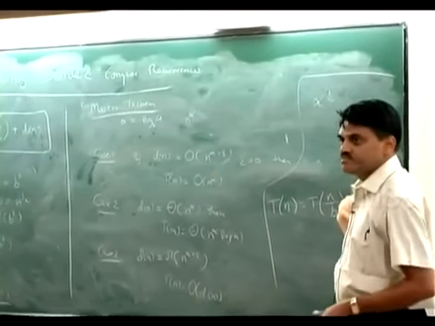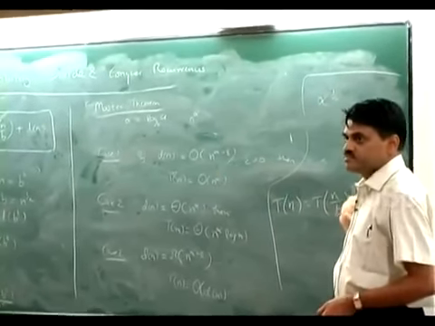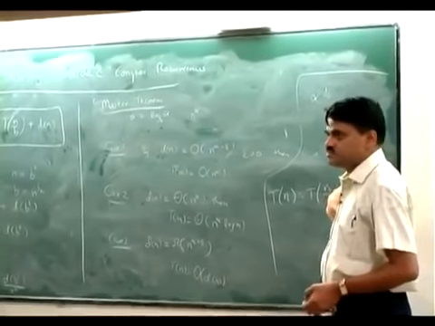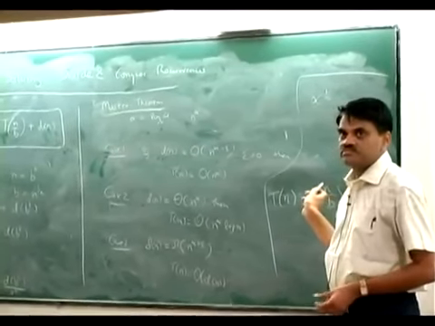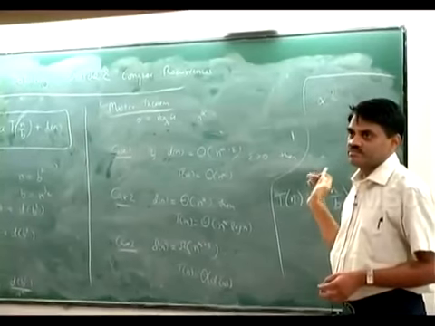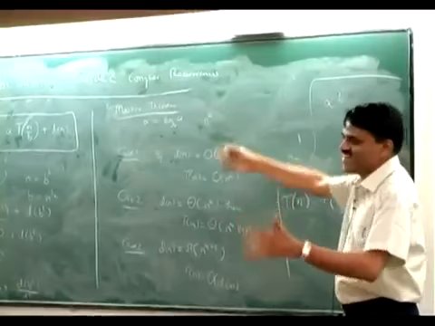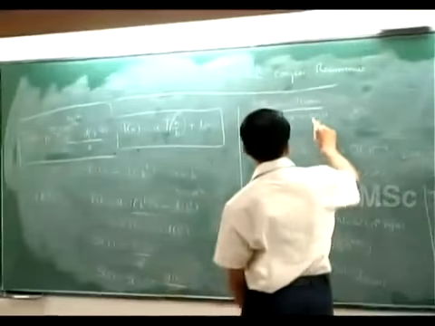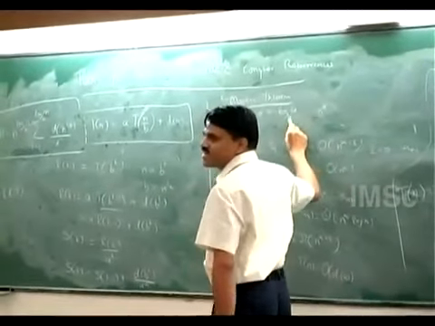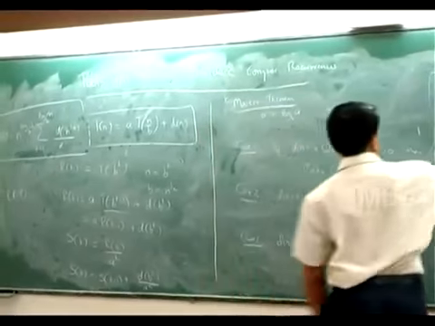What is it? Yes, 0. a is 1, right? So log a to the base, whatever b is, log of 1 is 0. So my alpha is 0.